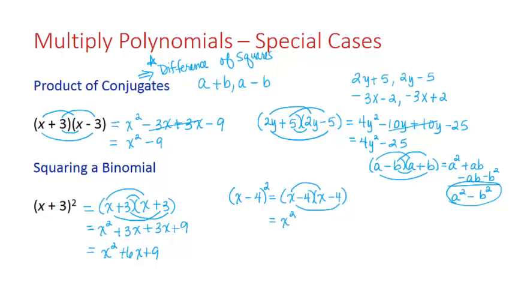X times minus 4 is negative 4x. Negative 4 times x is negative 4x. And negative 4 times negative 4 is plus 16. So here again we get x squared minus 8x plus 16. So squaring a binomial gives us a trinomial, and these are called perfect square trinomials.